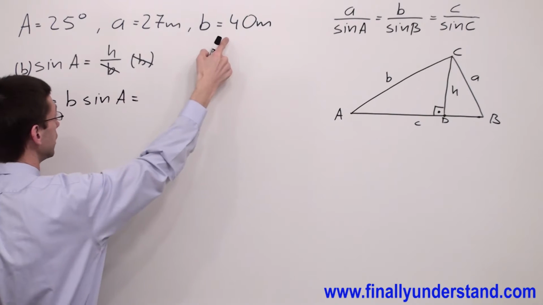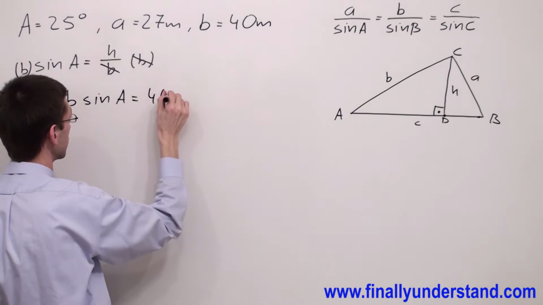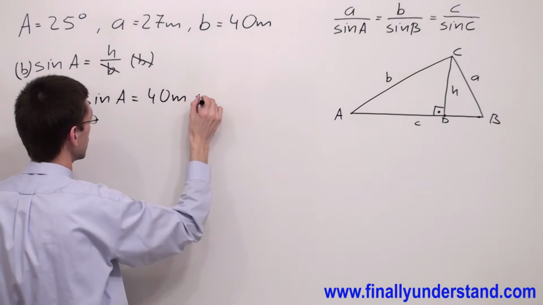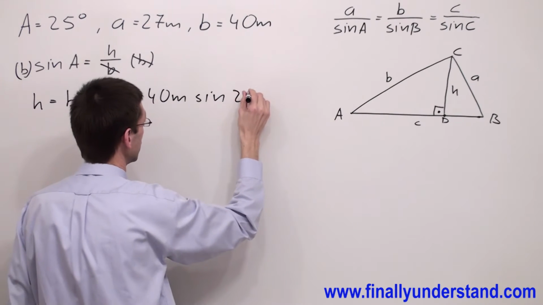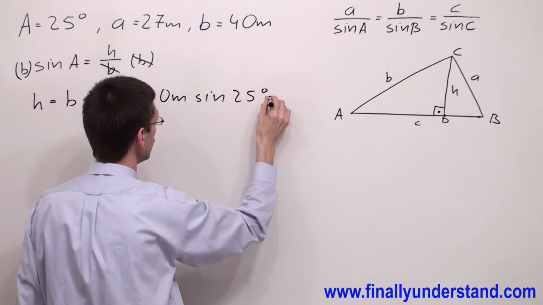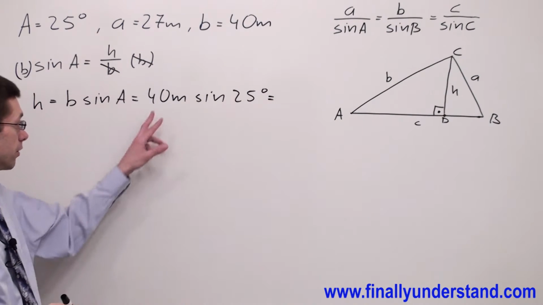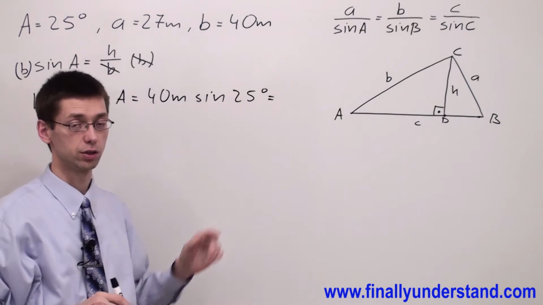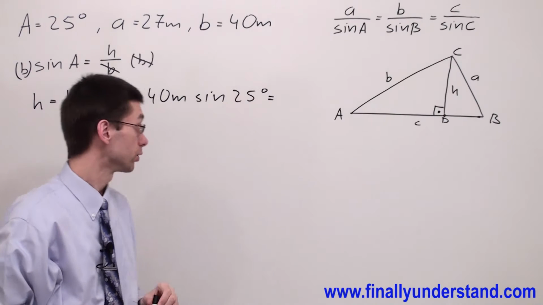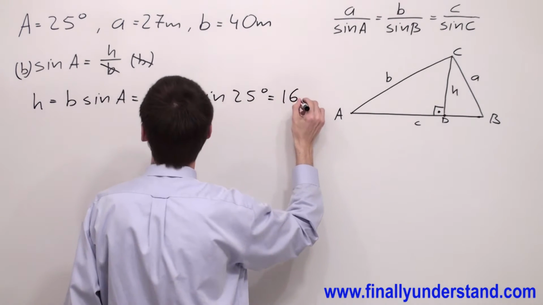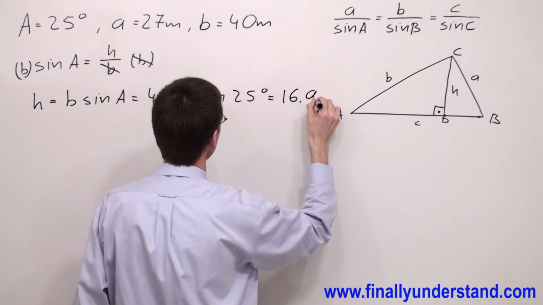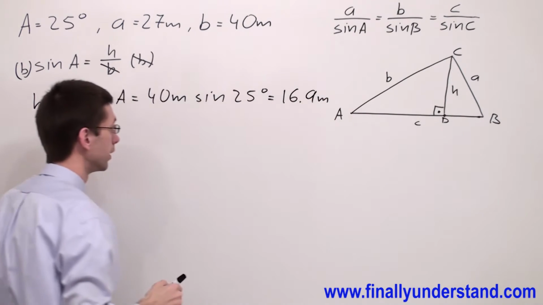where B is equal to 40 meters times sine of angle A, which is equal to 25 degrees. Next, you're supposed to plug in these values and the trigonometric function into the calculator, and you're supposed to obtain the value 16.9 meters.